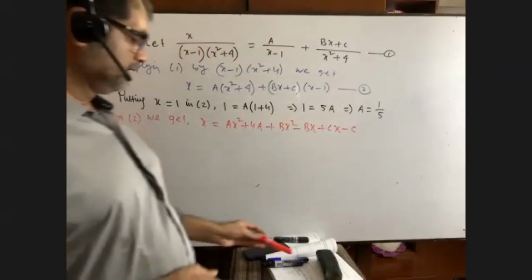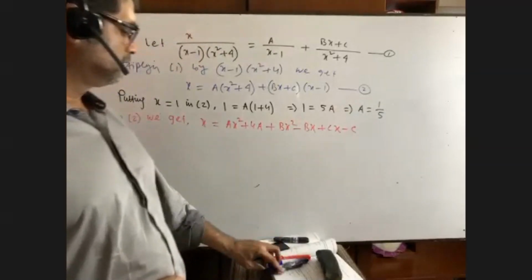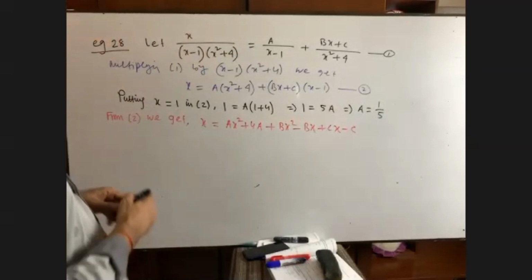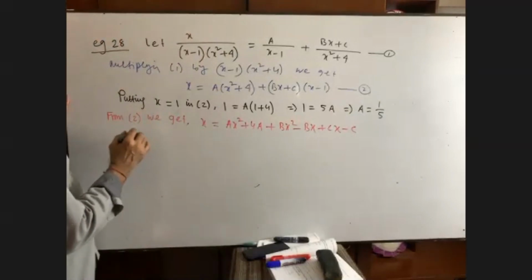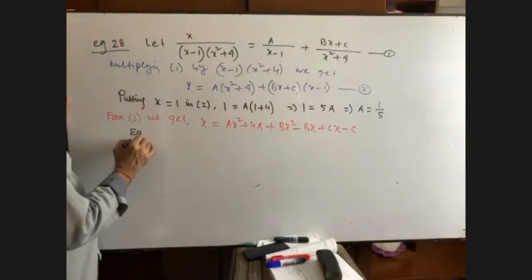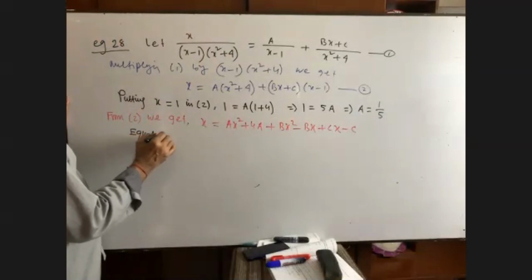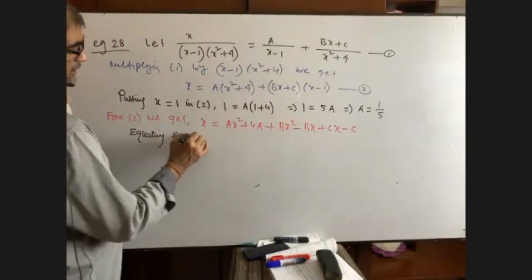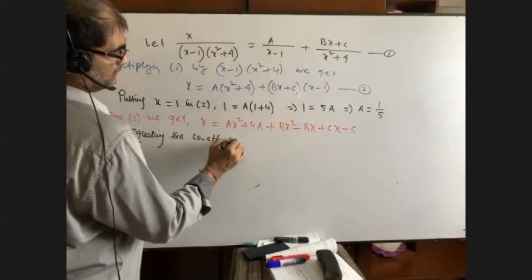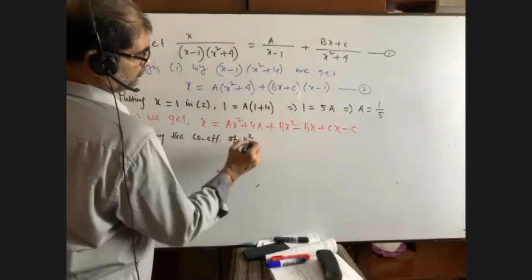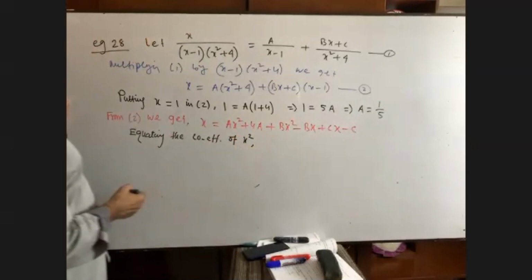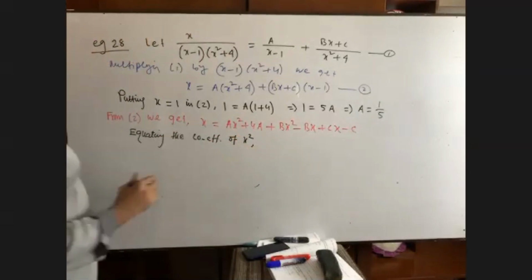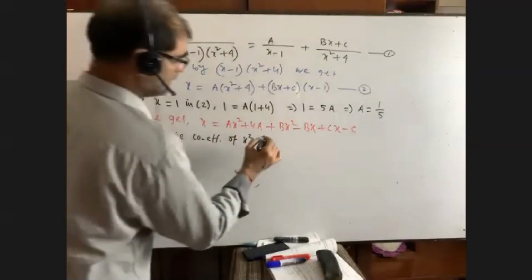Now by equating the coefficient of x², here there is no x², so we get 0 here.